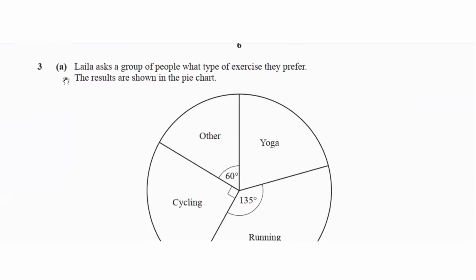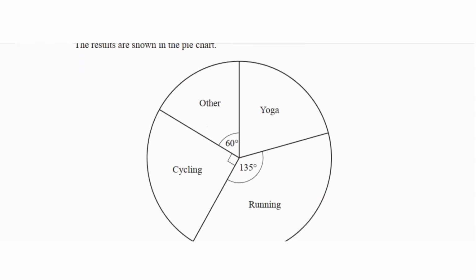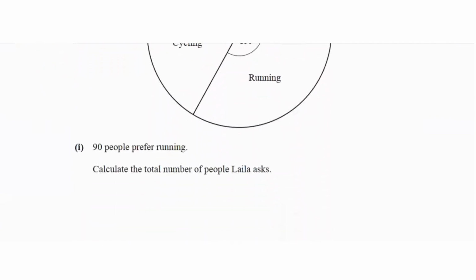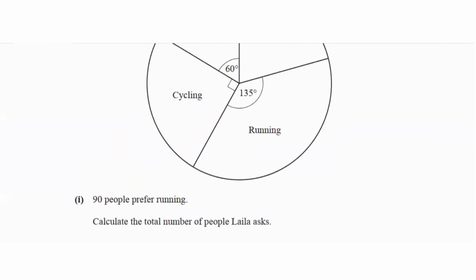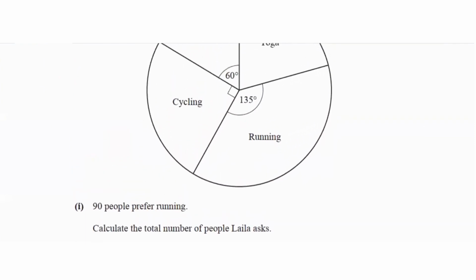Question 3 says, Leila asks a group of people what type of exercise they prefer. The results are shown in the pie chart. 90 people prefer running. So as you can see, for running, they've given us the angle of 135 and 90 people prefer running. So we have to calculate the total number of people she's asking. So that means we're going to do 135 over 360 equal to 90 over x.